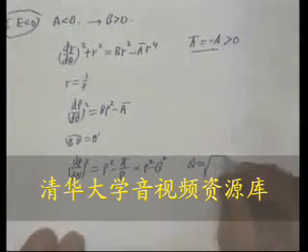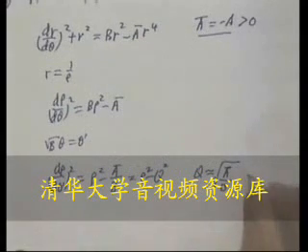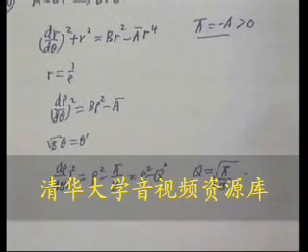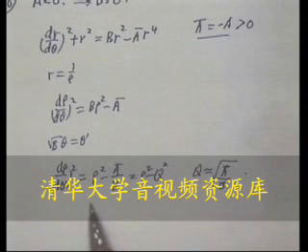Q 是等于 square root of a bar over b. All these are very similar to what we had before, except for a sign change. It's no longer minus rho squared. It now becomes plus rho squared.